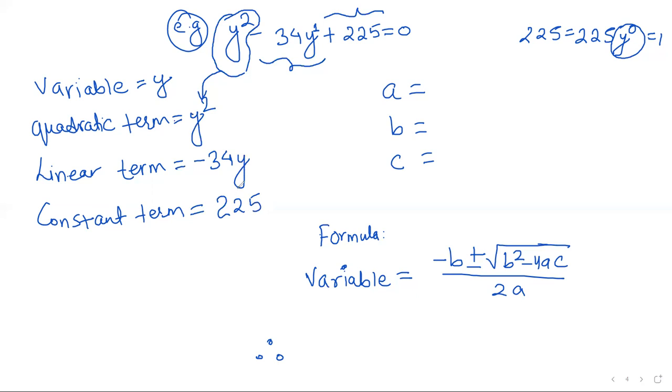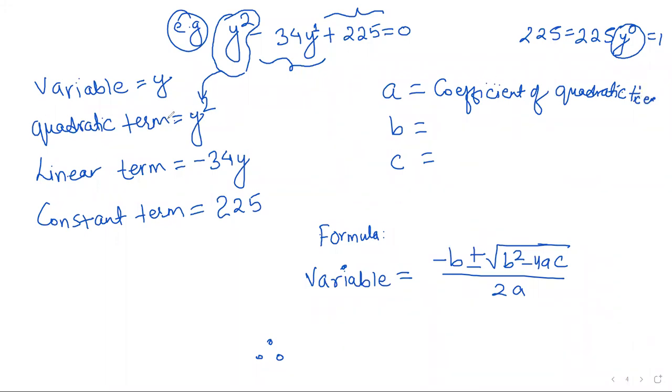So now what are a, b, and c? So a is the coefficient of the quadratic term. I think I'm going out of the writing area.